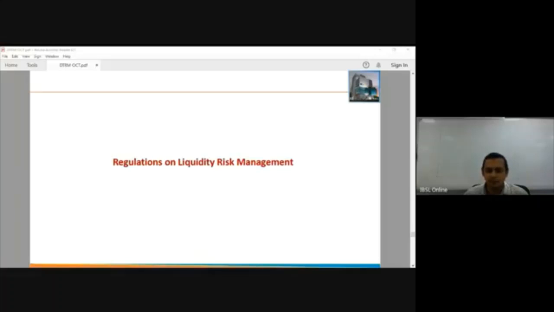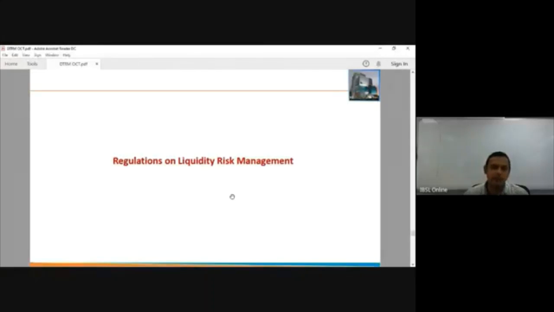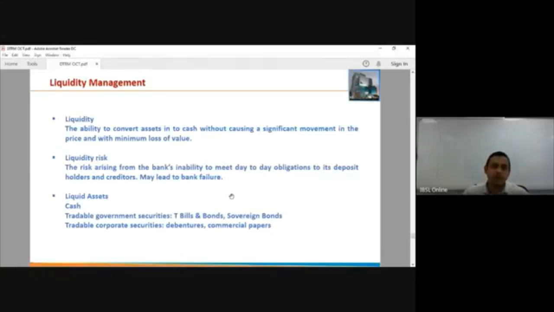So we can move on to liquidity risk management. So basically, liquidity is the ability to convert your assets into cash, but without causing a significant value loss or movement in price. So those two are important.